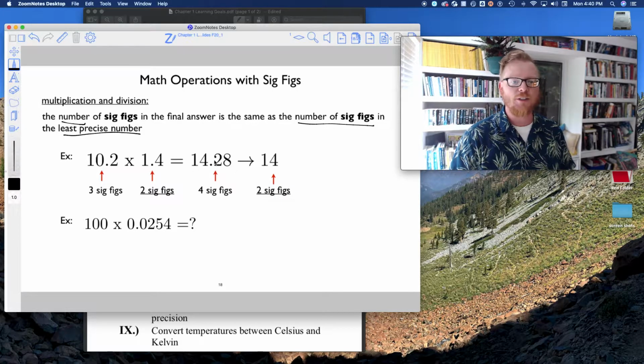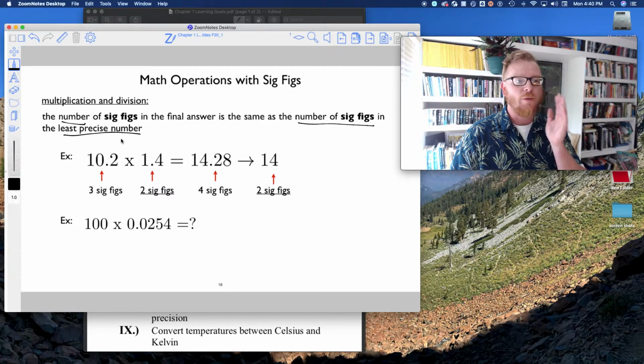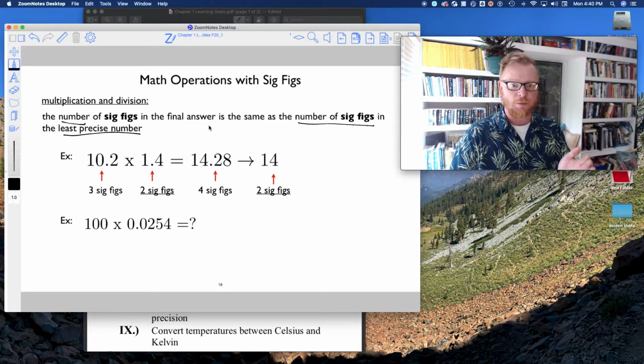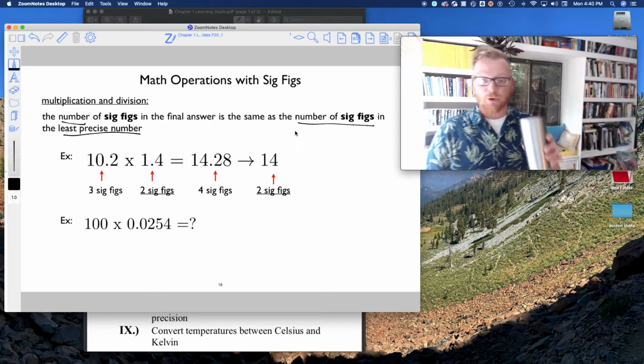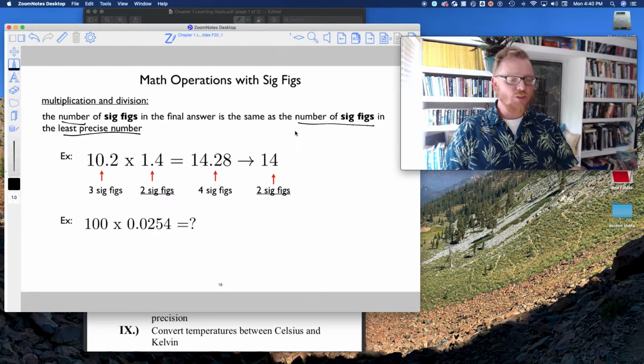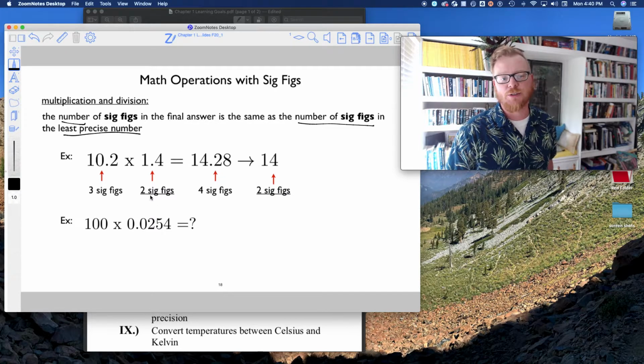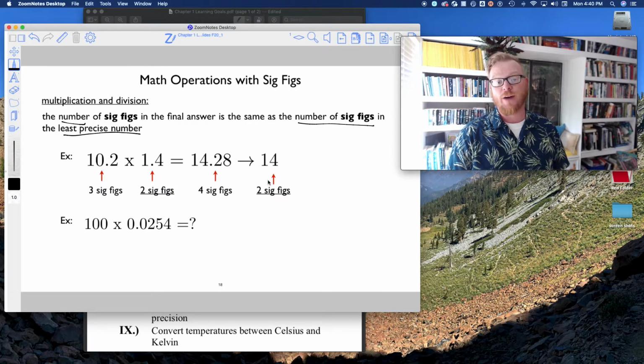But when we did this multiplication, we got 4 sig figs: 14.28 gives me 1, 2, 3, 4. Remember, the number of sig figs in the final answer has to be the same as in the least precise number. So the least precise number had 2 significant figures, so our final answer can only have 2 significant figures.